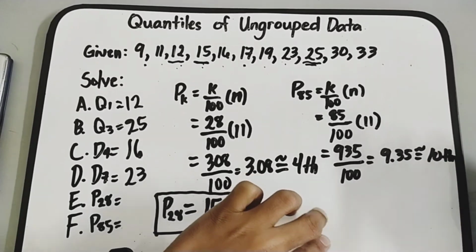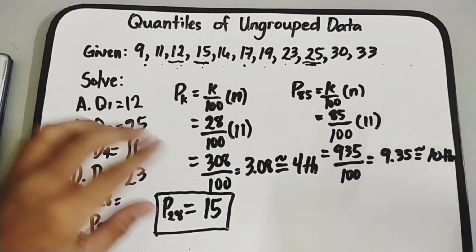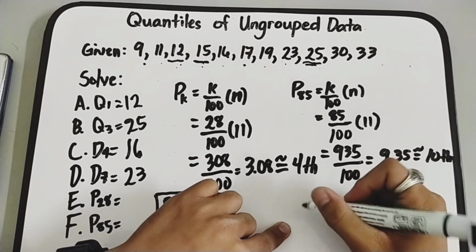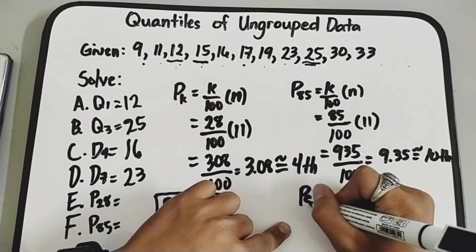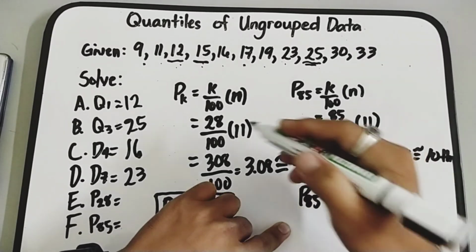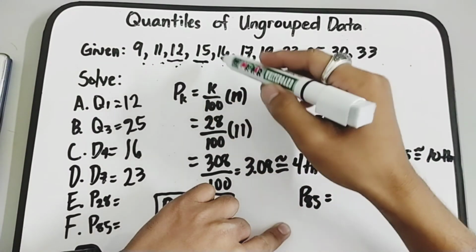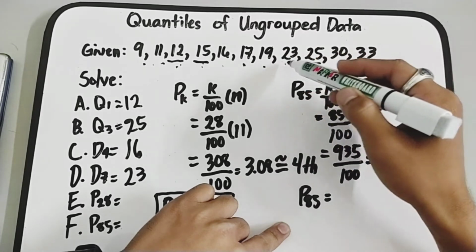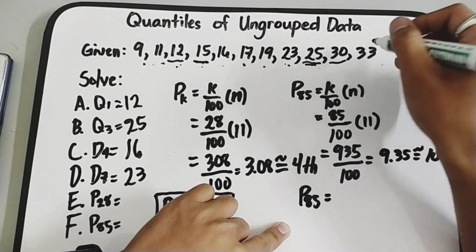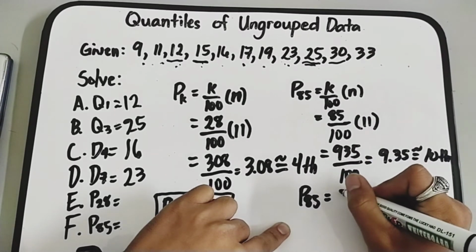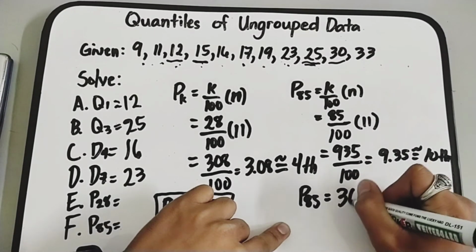Ayan, 10. 10 score. So, if yung 10 score ang hahanapin natin, therefore, our P85 is 1, 2, 3, 4, 5, 6, 7, 8, 9, 10. Our P85 is yung pang 10. Okay? Pang 10 which is 30.